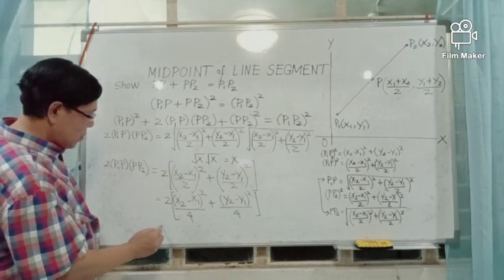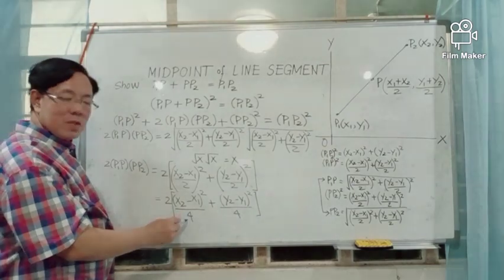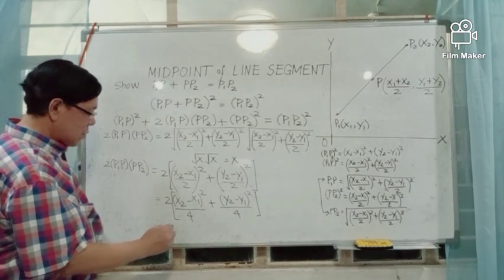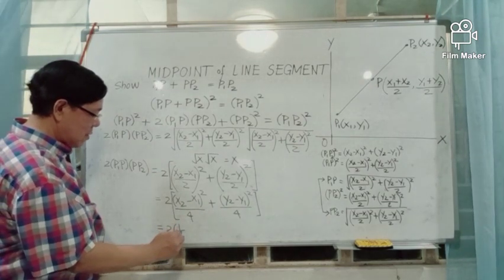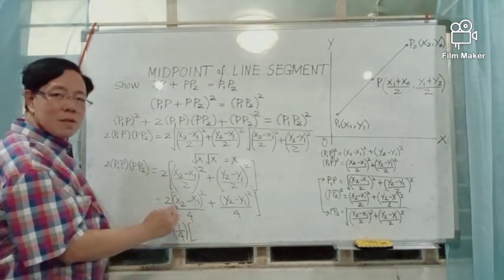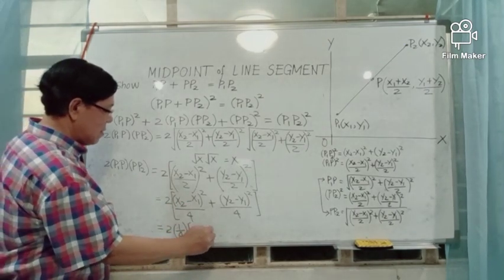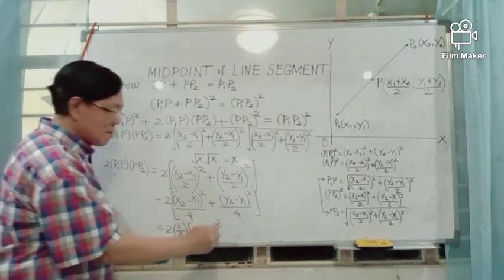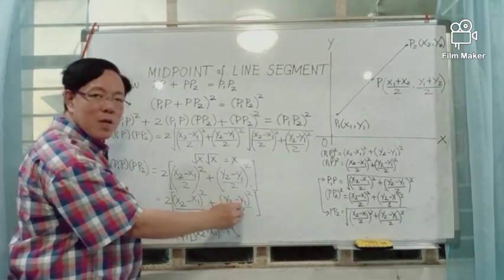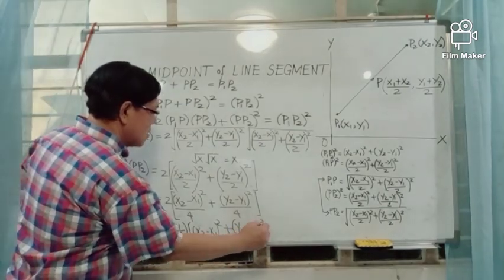So this is equal to 2 times 1/4 times (x2 minus x1) squared plus (y2 minus y1) squared.